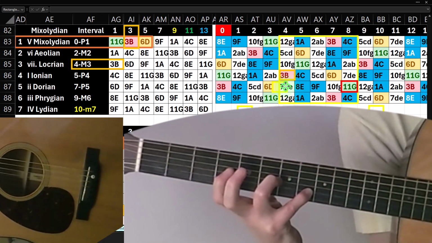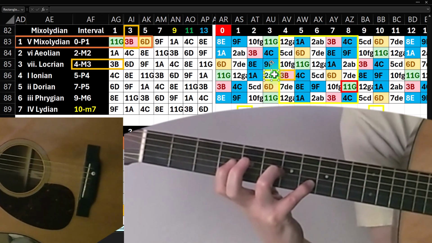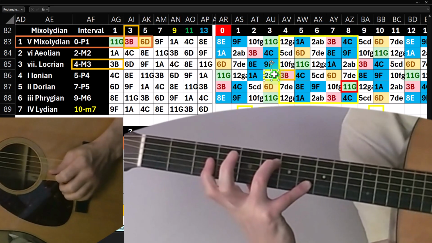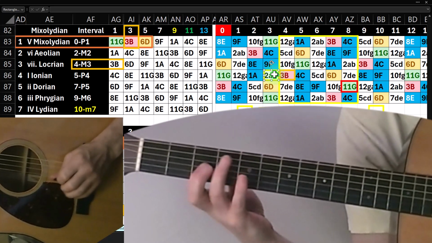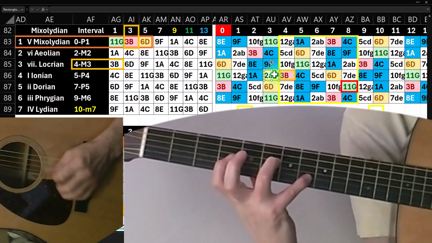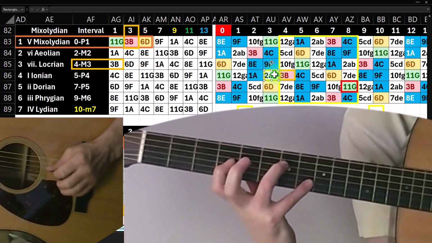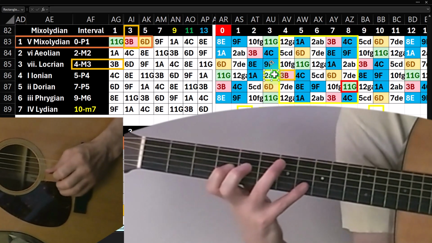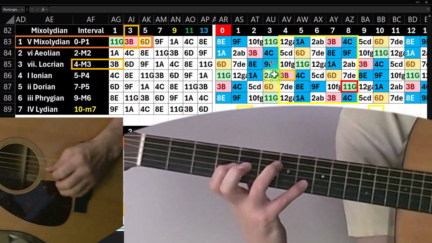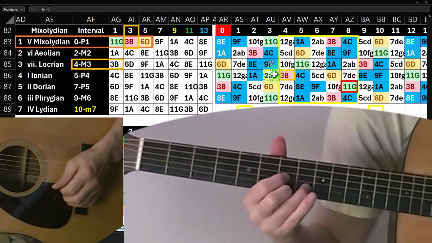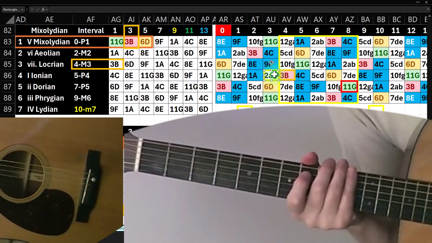Where's the minor third? Behind it. So if I was to smear up this way, right? Can't really reach. Whatever. You can play with that.